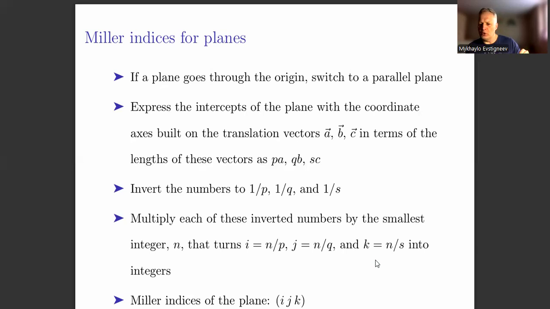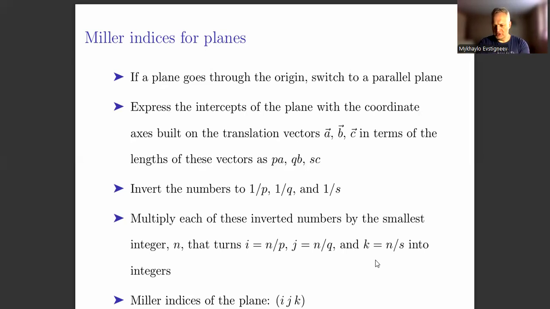And somewhere you have the origin. Now, it may turn out that the plane goes through the origin, in which case you simply switch to another plane which is parallel to the original one. So this intersection point should not be zero. And then you express the intersection points with the coordinate axes, which are aligned with the translation vectors, in terms of the lengths of your translation vectors.